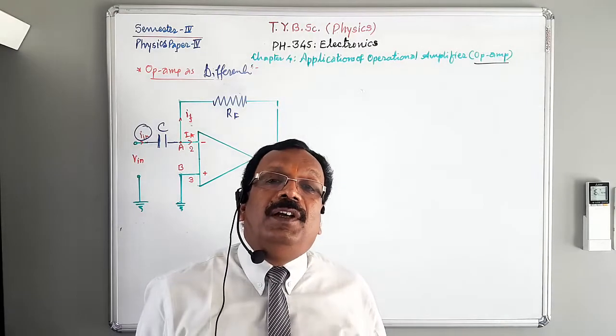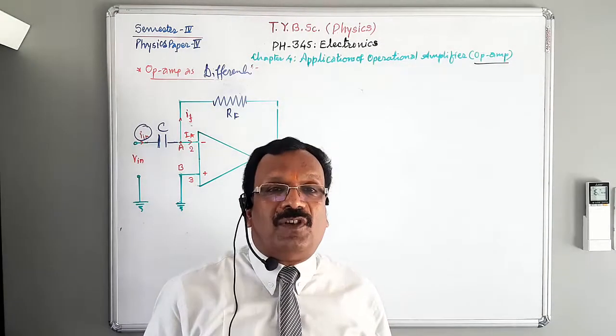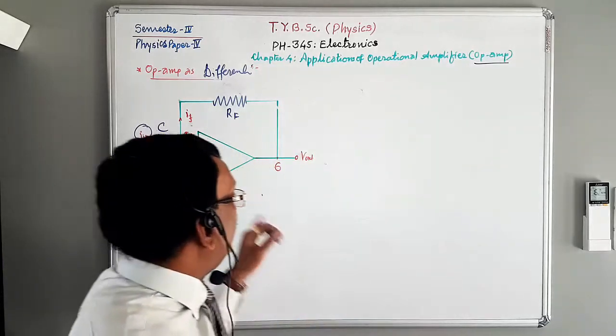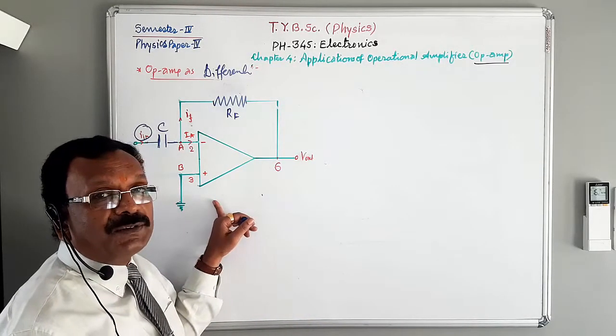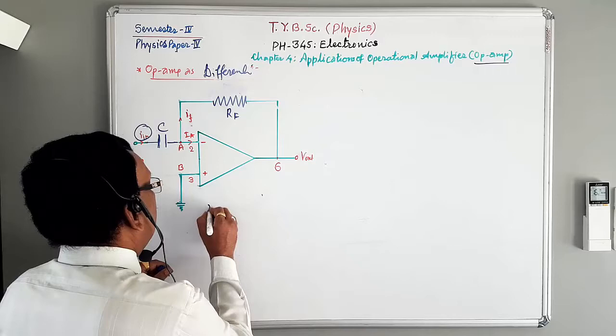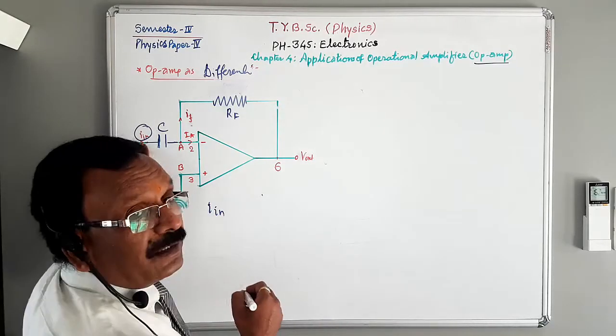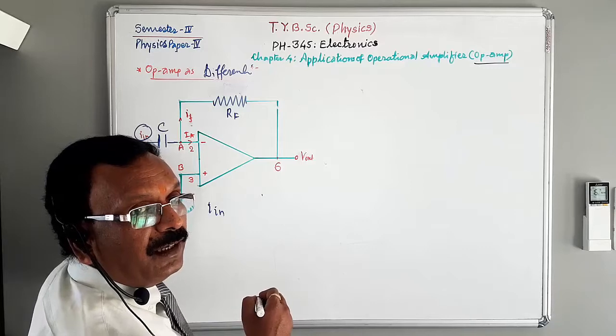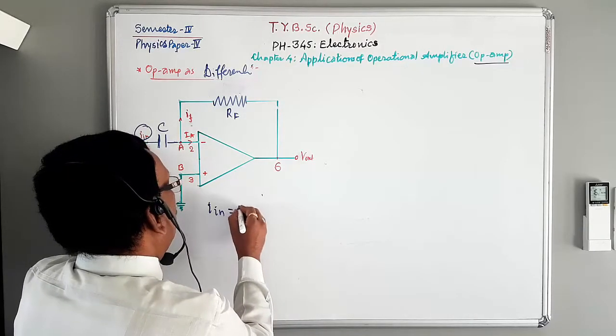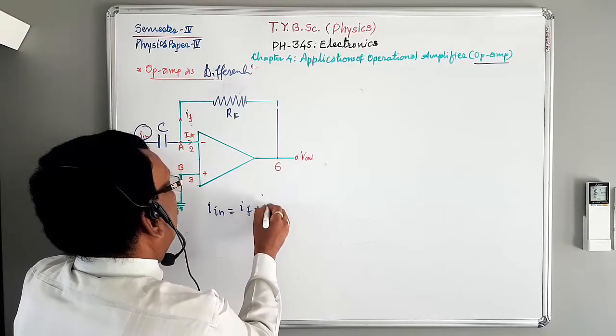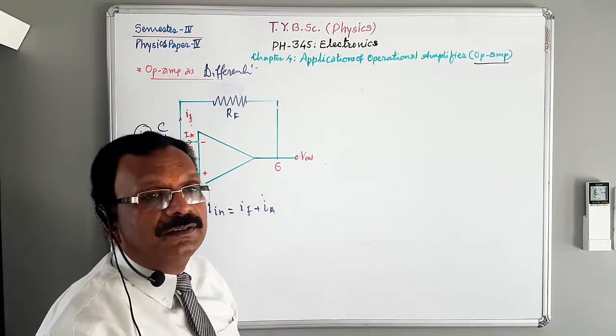And therefore, we have to follow Kirchhoff's law. What does Kirchhoff's law give us? From Kirchhoff's law, we can write IIN, that is current at input terminal, IIN is equal to IF plus IA.